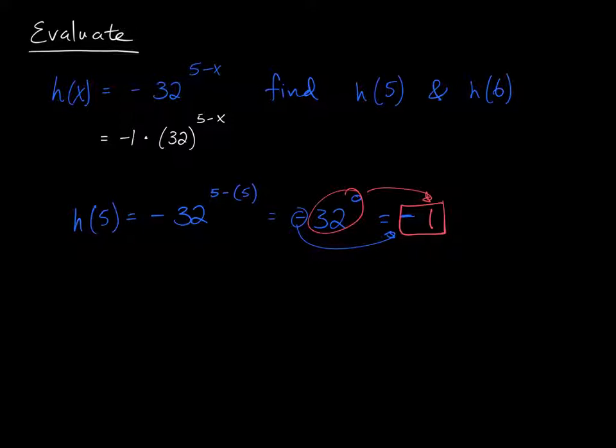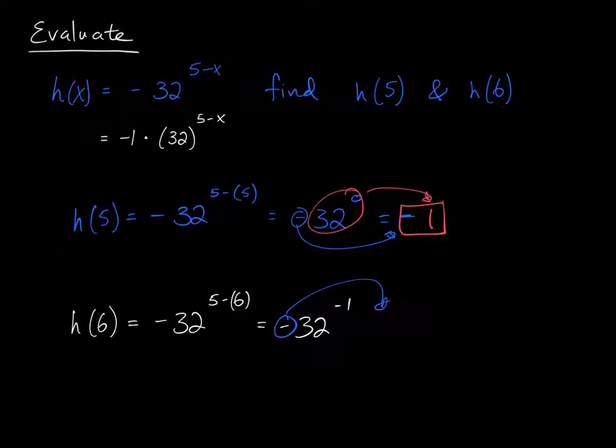And we can go through too and find what is h of 6, and that's the same thing. We just do -32 to the 5 minus 6 power. And I want to simplify this first before I do anything else. This is -32 to the -1 power. Now again, this -1 is only affecting the 32. The negative in front will still be a part of the answer, so I'm going to move that over here first.